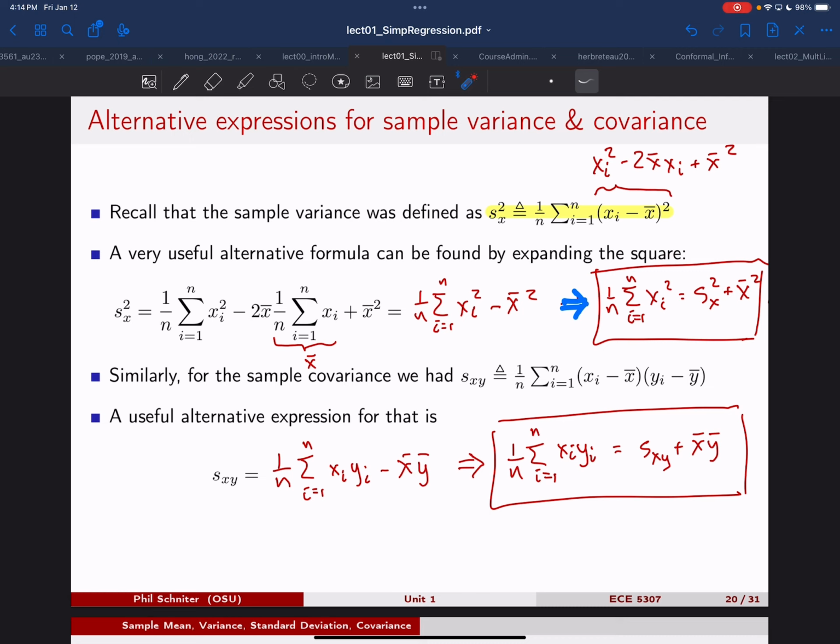Some people got confused by that. So to summarize this in words, if you average the squared values of x, you get the variance plus the squared mean of x. Then we did something similar for this expression here. All right, any questions on anything from last time?